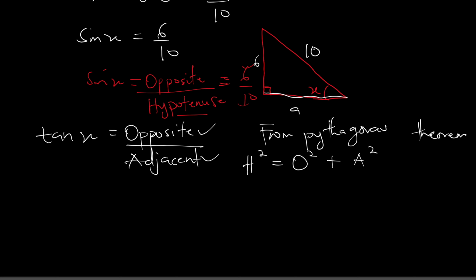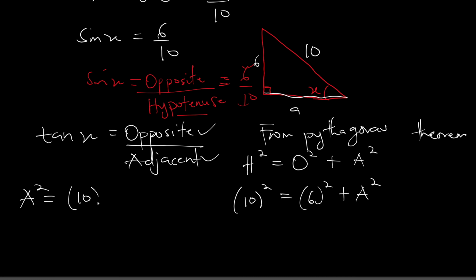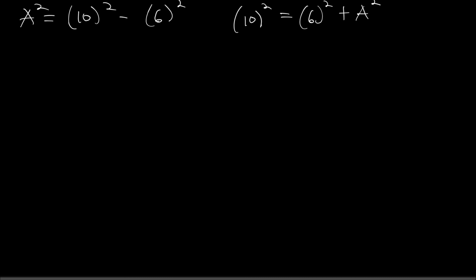Our hypotenuse is 10, our opposite is 6. So we have 10 squared is equal to 6 squared plus a squared. So our a squared will be equal to 10 squared minus 6 squared. So a squared will be equal to 100 minus 36.